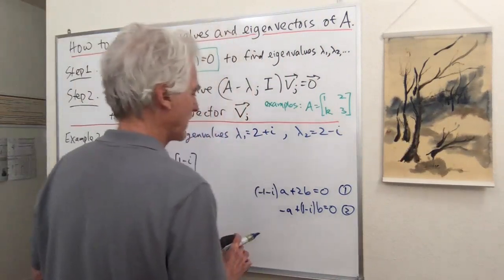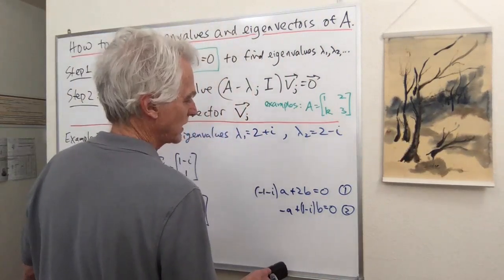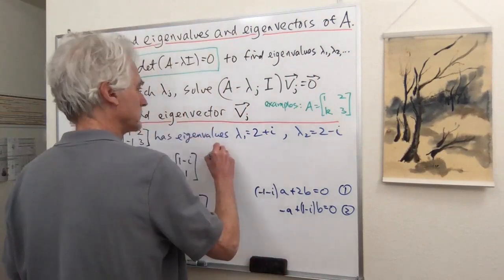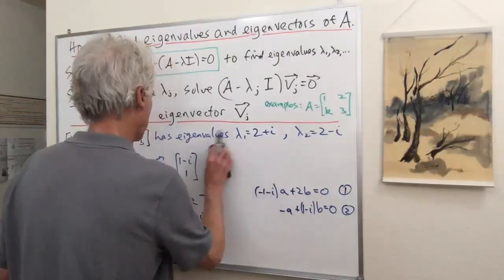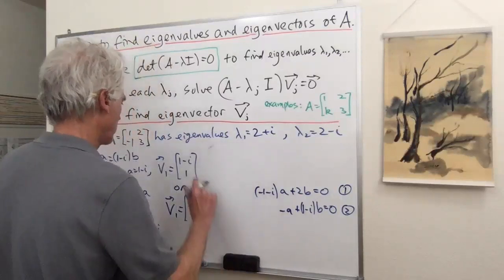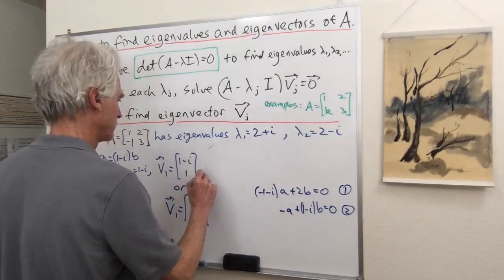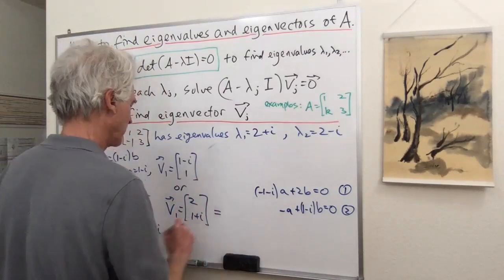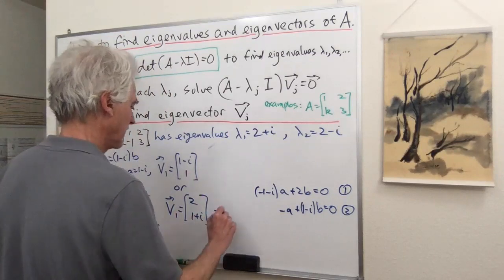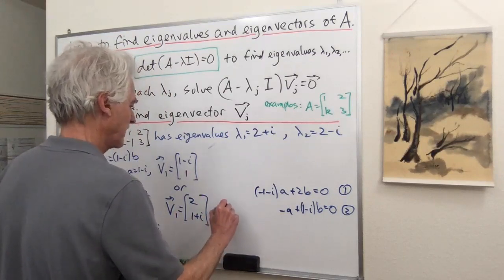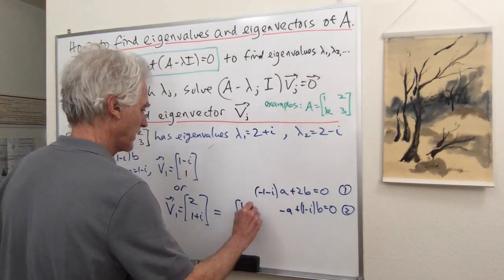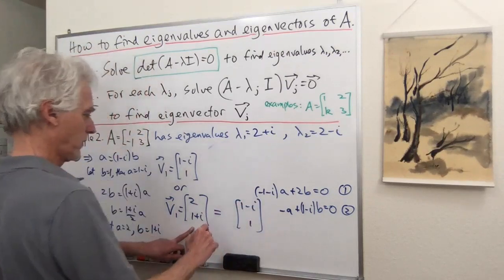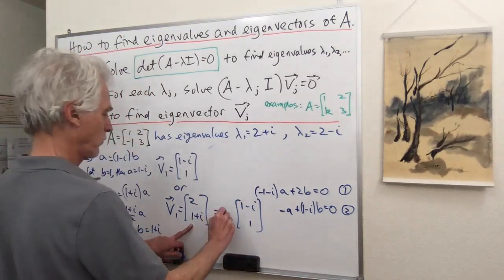But another way of checking that is, how could I check that? I could say, this guy here, I'm going to claim I can take the vector (1 minus i, 1) and multiply it by the scalar 1 plus i.